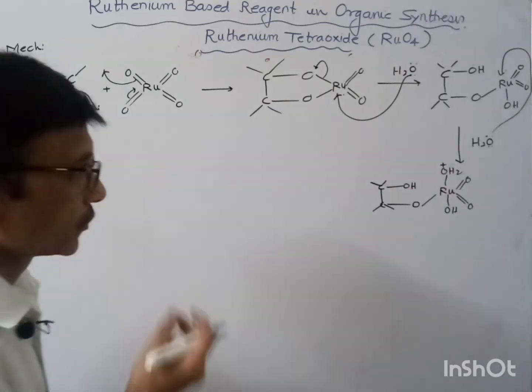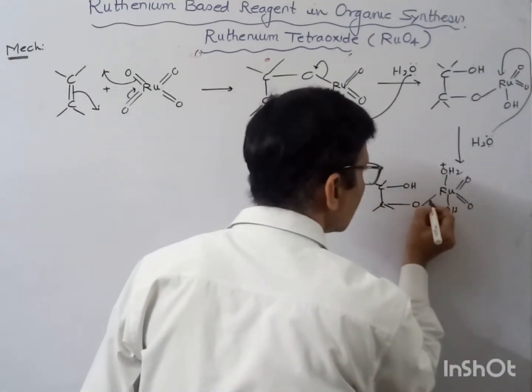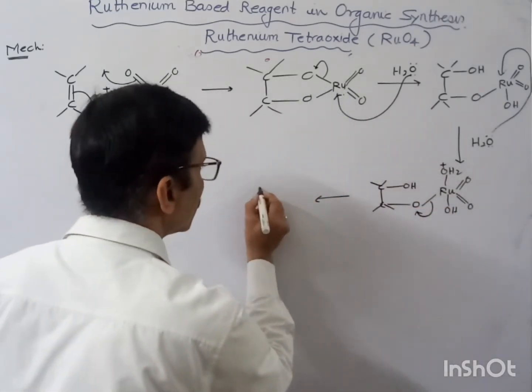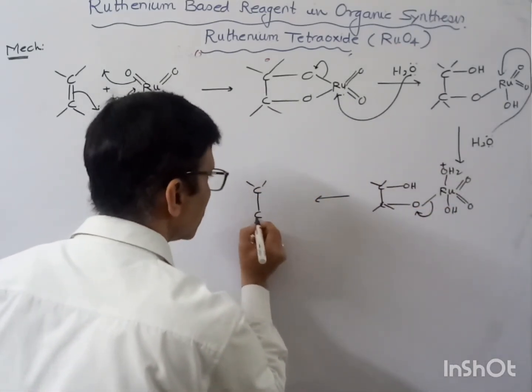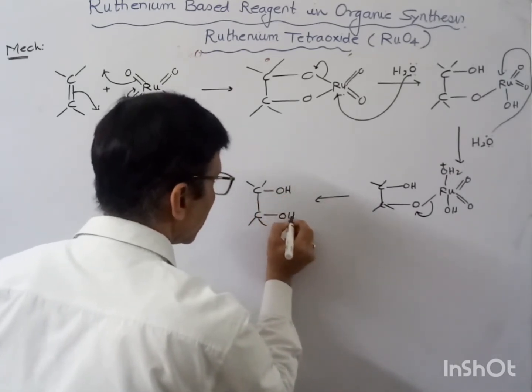Okay, so now in the next step, what will happen? This ruthenium-oxygen bond will again break, and we have this diol.